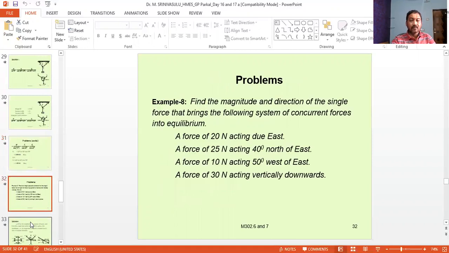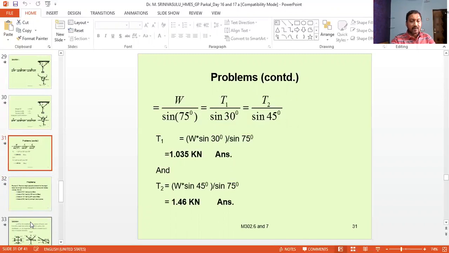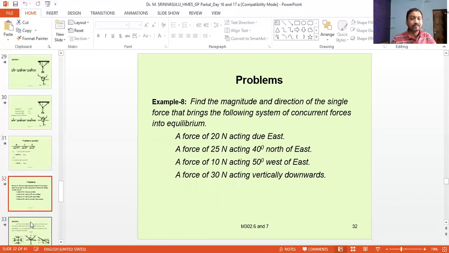Now we'll go to the other problem, which is a problem on resolution of forces. Here the forces can also be given in this way, because we get the directions north, south, west, east.